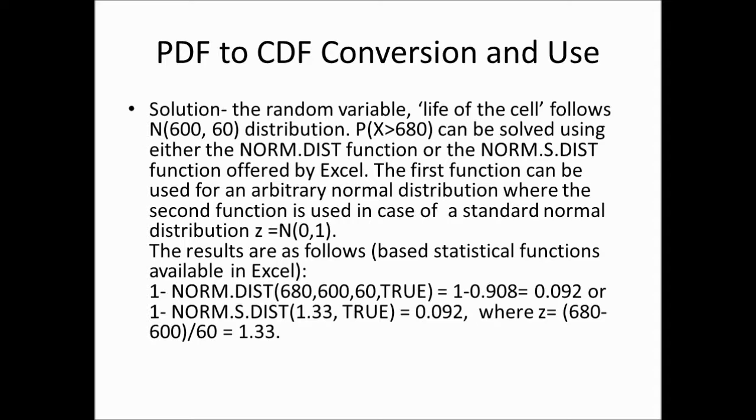You can write that as 1 minus NORM.S.DIST with parameters 1.33 and true, and you get the same value. The z-score for x equals 680 is 680 minus 600 divided by 60, which is 1.33. You always subtract the mean and divide by the standard deviation to convert an arbitrary x value to a corresponding z value.